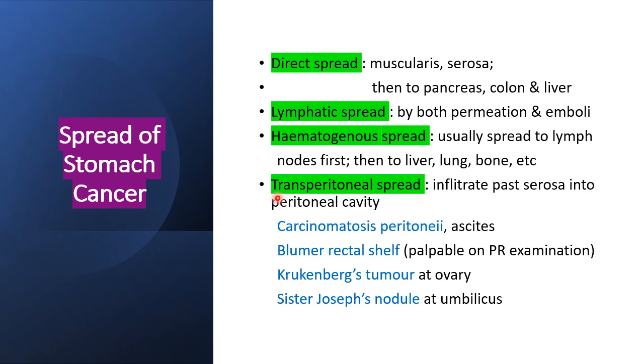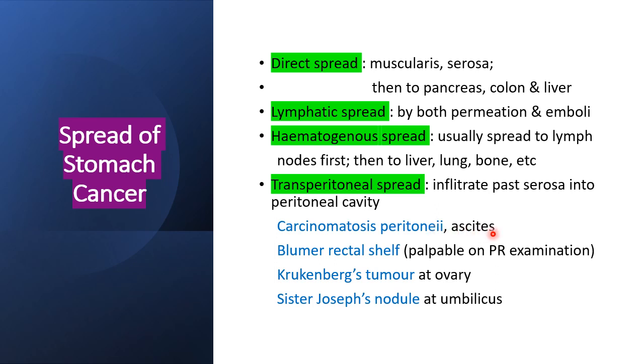Another important mechanism of spread for cancer of the stomach is known as transperitoneal spread, where the tumor infiltrates the serosa into the peritoneal cavity and spreads along the lining of the peritoneal cavity into the whole abdomen. Classically, this is known as carcinomatosis peritonei and usually presents with ascites.